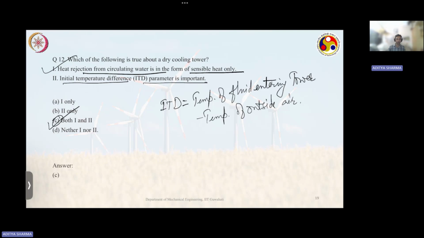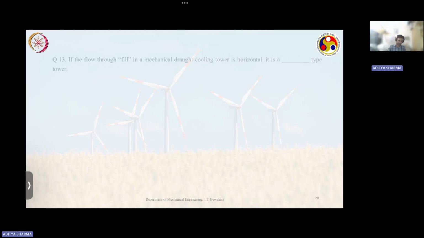Okay, then next question. So this is about a mechanical draught cooling tower.